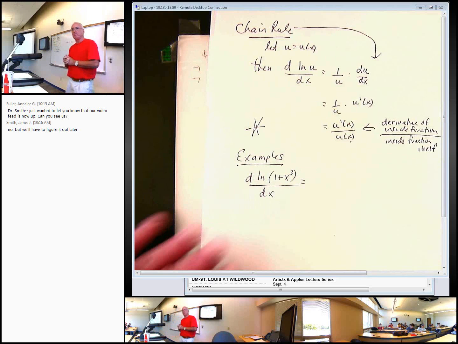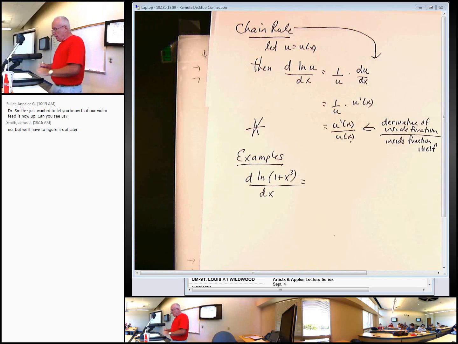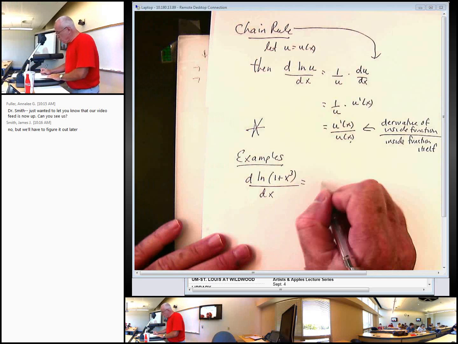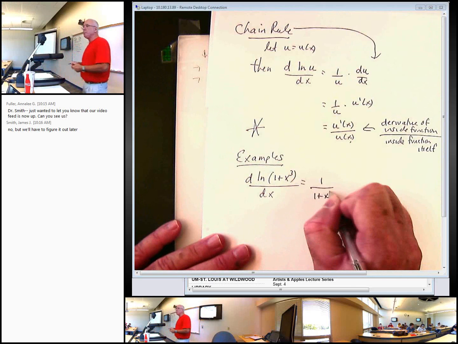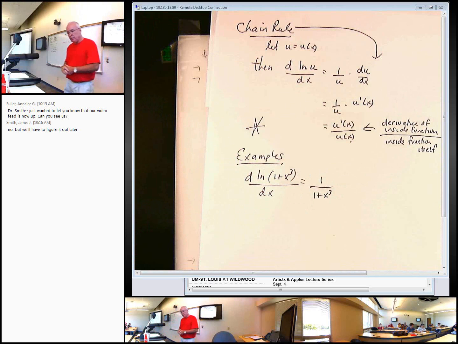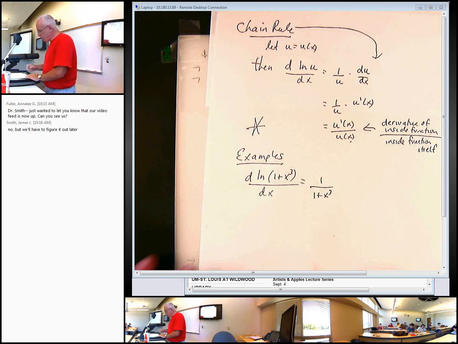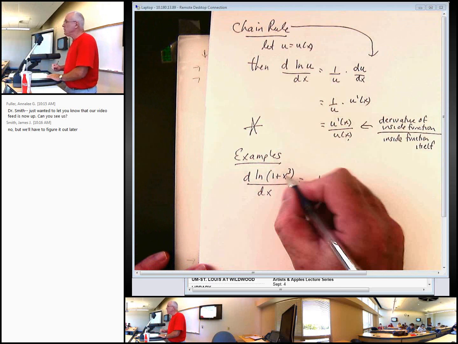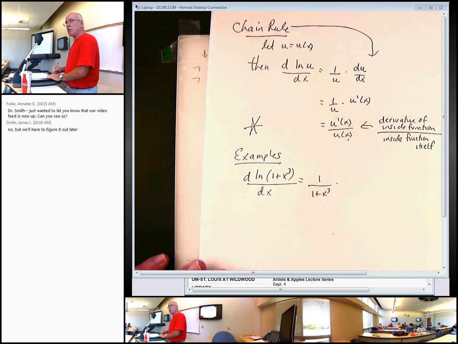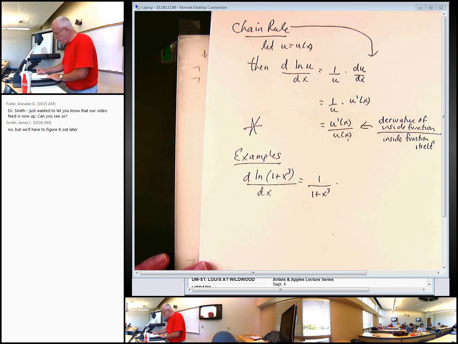Well, this is equal to 1 over 1 plus x to the third, we do the reciprocal of that inside function, times, remember the chain rule, times the derivative of 1 plus x to the third, which is 3x squared, because the 1 goes to 0.